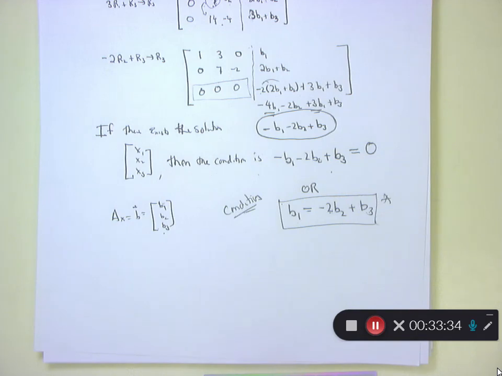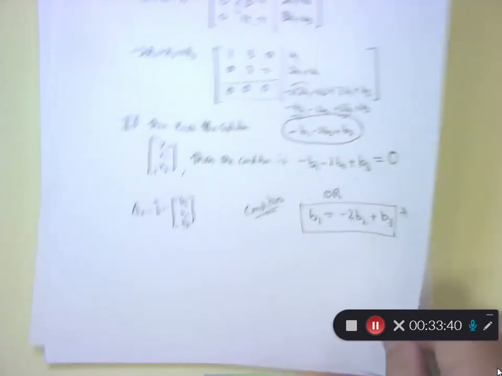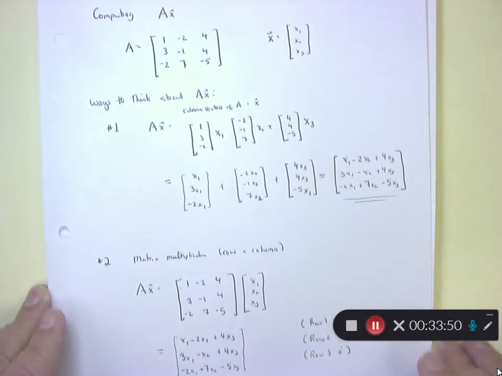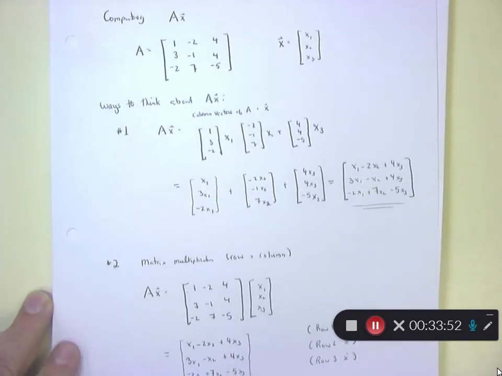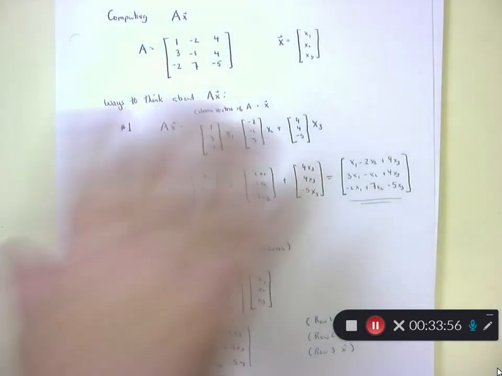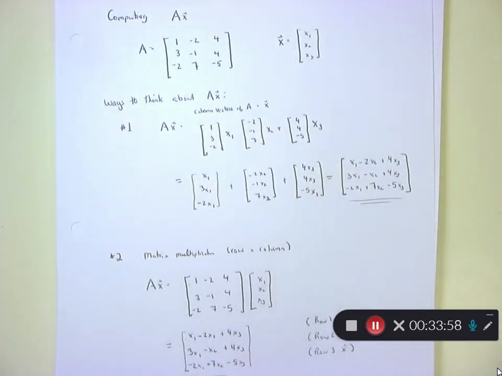So, looking at matrix equations and how they fit together is this. I want you to compute AX. This is again another general form here. And there are 2 ways we want to look at this stuff. I gave you a matrix A, another 3 by 3.